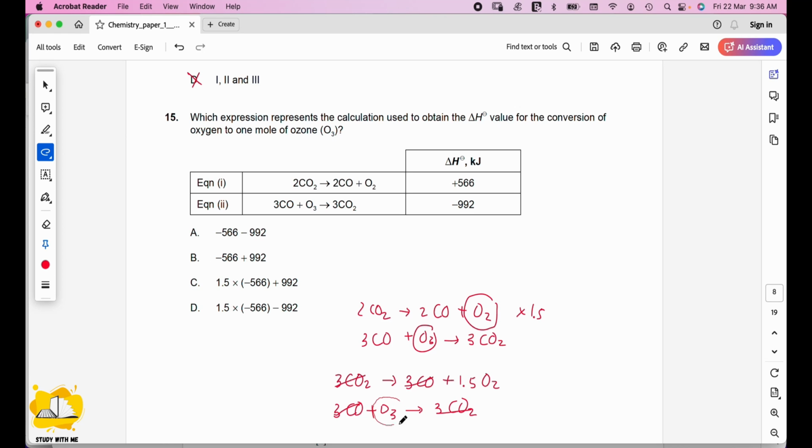So we'll get this one and this one. So that's why the answer is C. There is 1.5 times 566 plus 992.